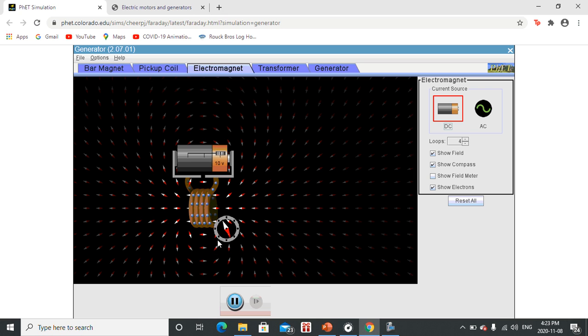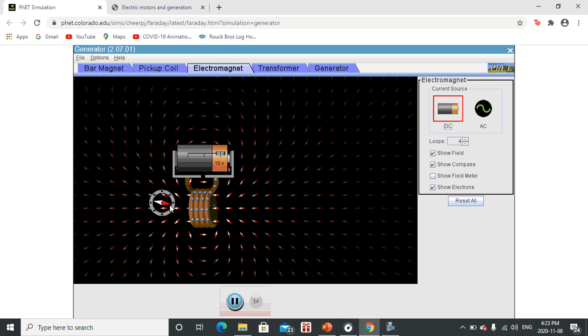This is what it would be on the outside, if I can drag it down here. And again on the inside of the solenoid. And all of these arrows around the outside are really showing the same thing. And that is that the magnetic field is going through the center of the solenoid in one direction. Around the outside, it's going to be going in the opposite direction.